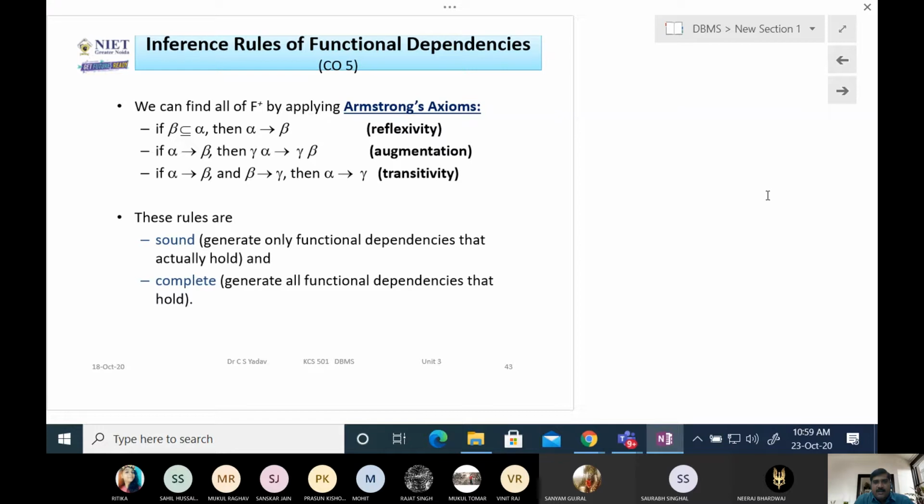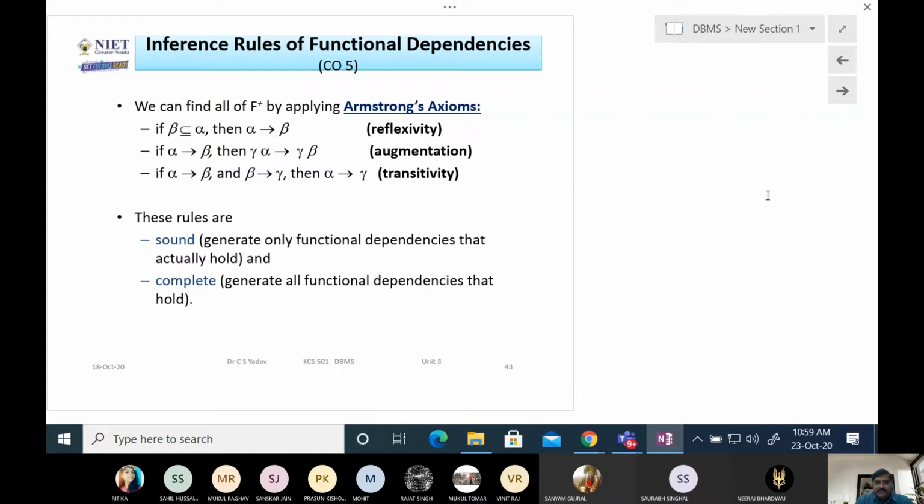Suppose if we have roll number and name, then roll number name determines roll number. Roll number name determines name. Why? Because roll number is a subset or equal to combination of roll number name. And this is called trivial FD.